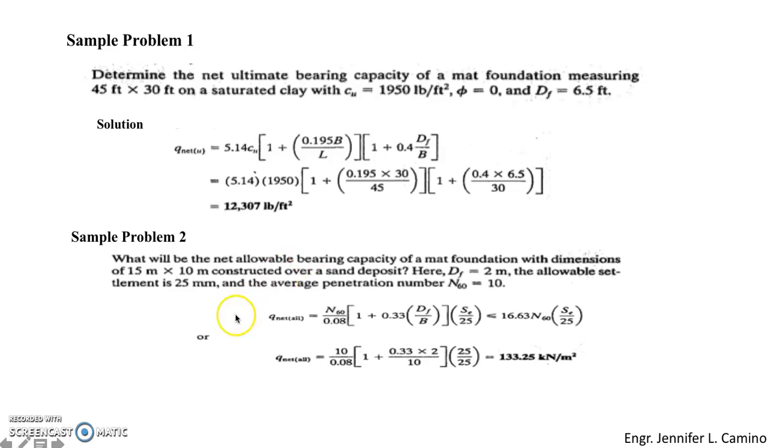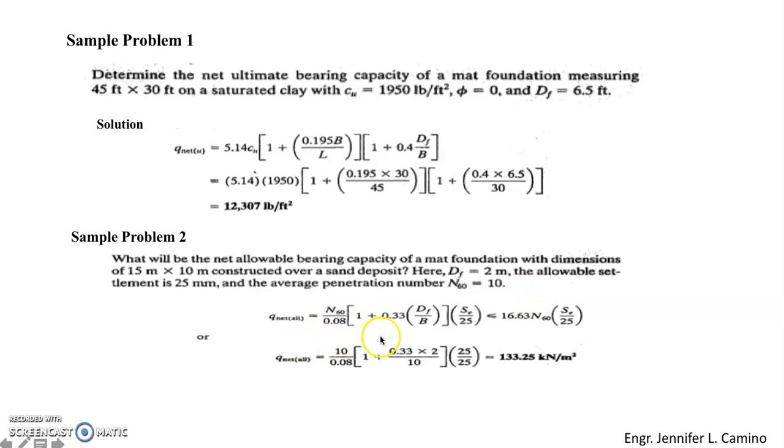For this second example, you're going to compute for the net allowable bearing capacity of mat foundation that is constructed over a sand deposit, and you're going to utilize the standard penetration resistance value. For this one, you're given the average penetration number for the standard penetration resistance value, which is N sub 60, and the average value here is equal to 10.